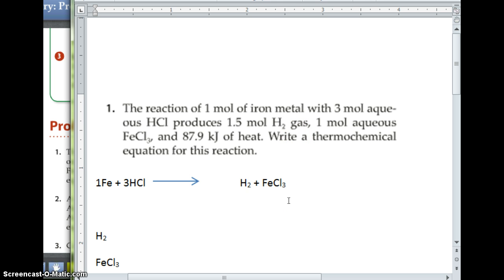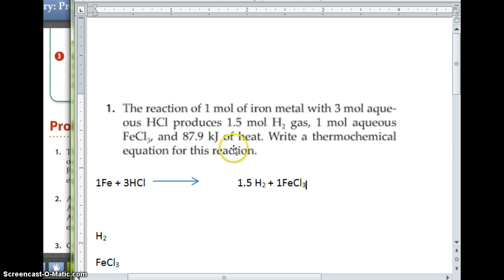What number do we put in front of the H2? We put 1.5. And 1 mole of aqueous FeCl3, so we would put a 1 there. The book says this part is right. Honestly, you don't want to have decimals, so you would probably multiply everything, but for now, we can leave it. Okay, am I done?